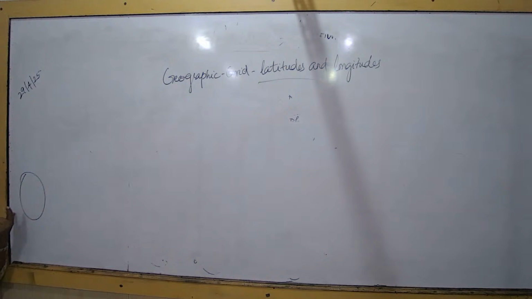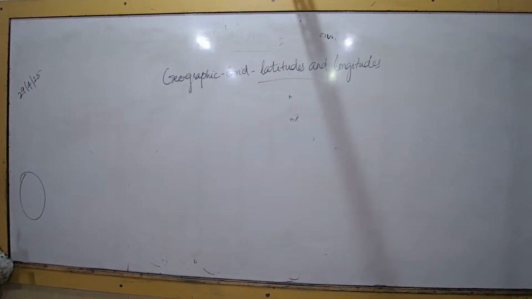What is a globe? A small model of Earth. Earth's model is called a globe. When we look around, does it look round in shape? If we are looking outside, it is not round in shape, it looks flat.